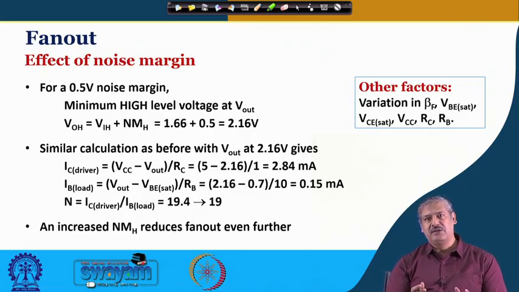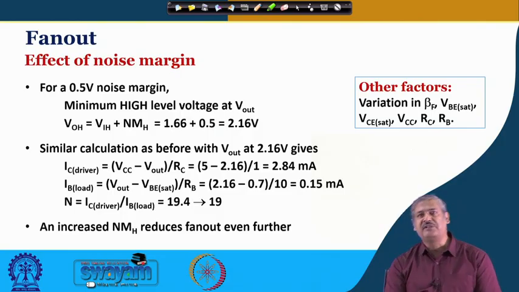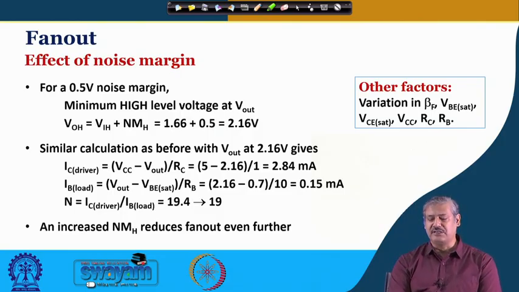So, more fall in the number, and there are other parameters also that we have not considered in this discussion, like the beta that you have considered as 50. When you use the transistor, it could be 40 also, it could be 30 also, depending on the make, and there will be transistor to transistor variation. So, you have to keep a consideration like the worst case scenario also. Each of these parameters might vary.